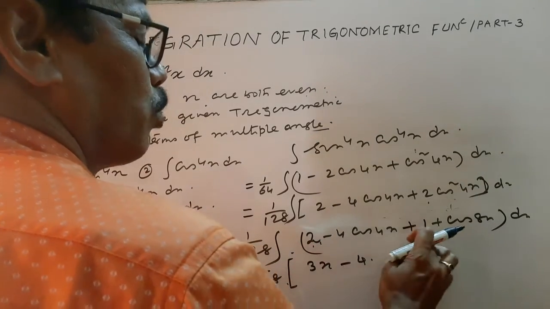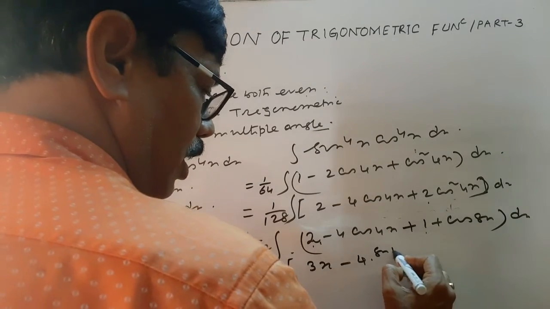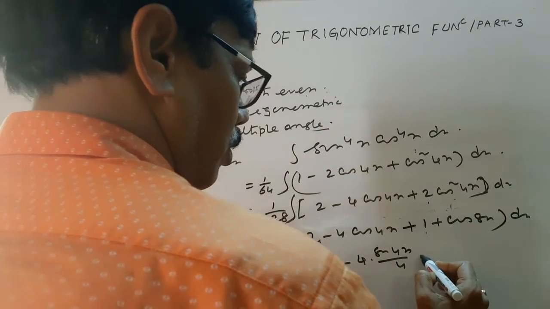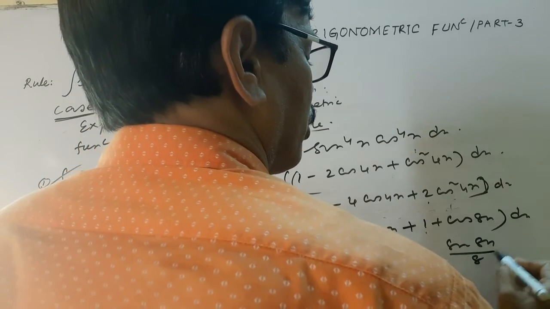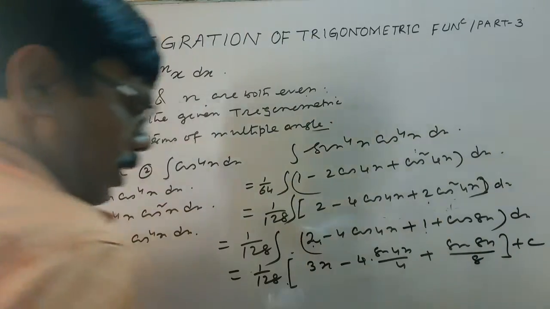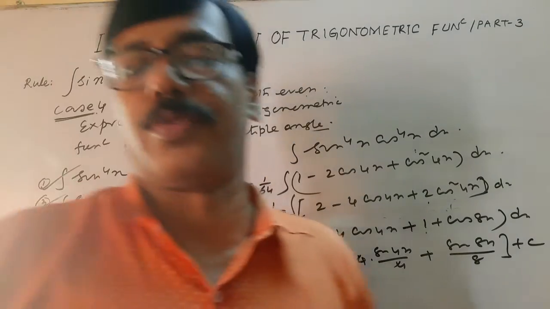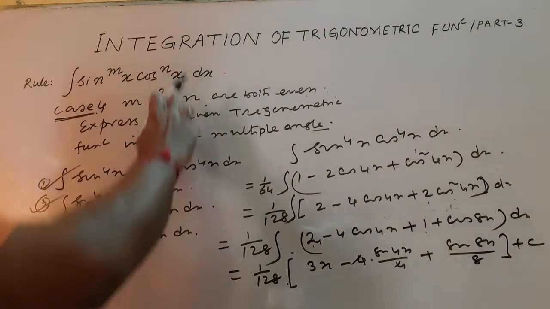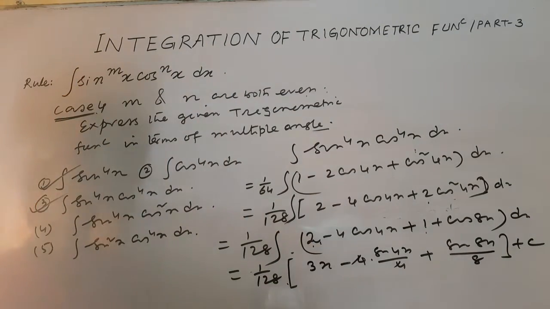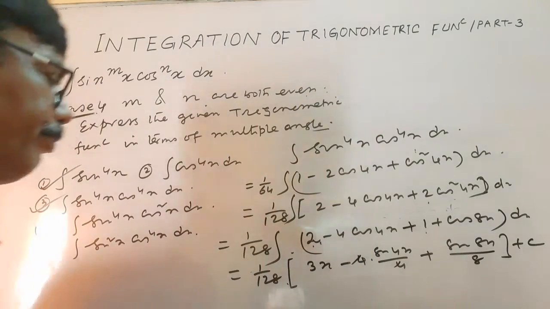Integration of 3 is 3x. 4, this is sin 4x by 4. This is sin 8x by 8 plus c. So 4 cancels. So you get the answer. So express the given trigonometric function in terms of multiple angle.